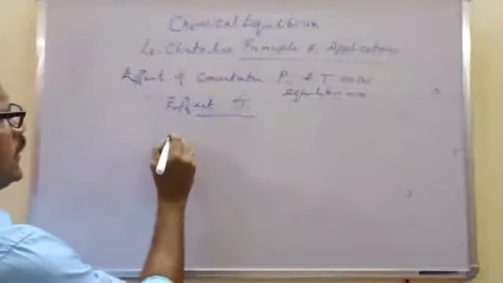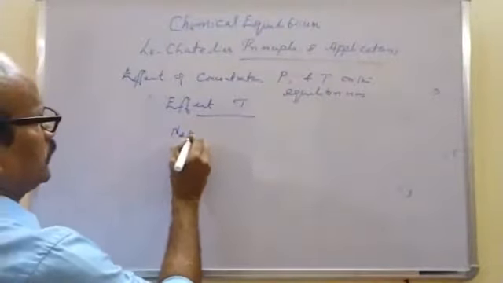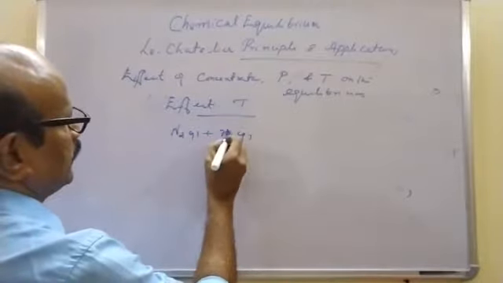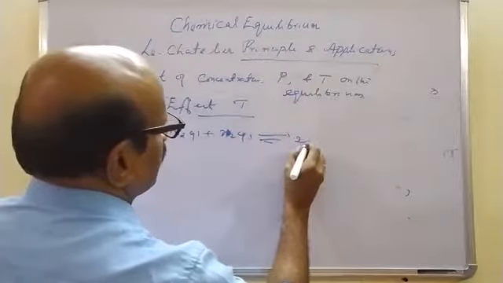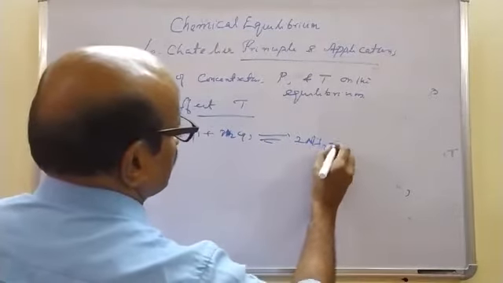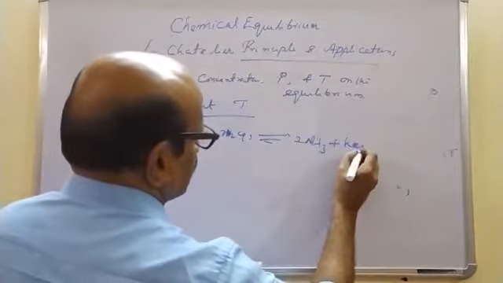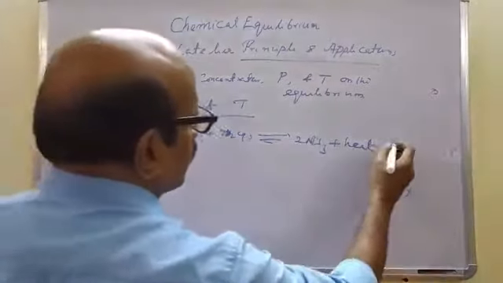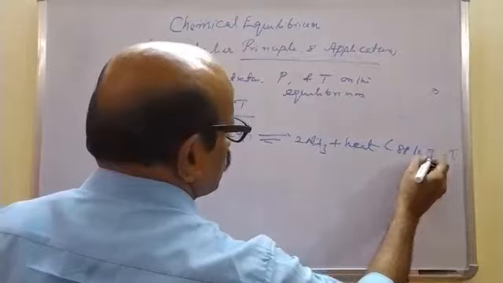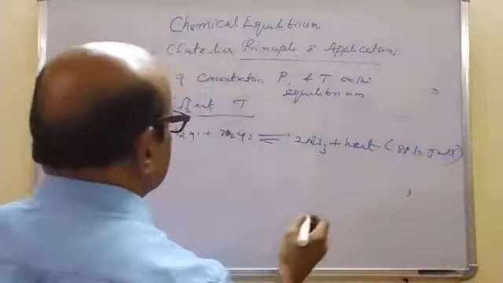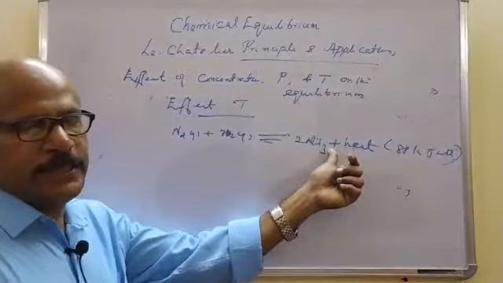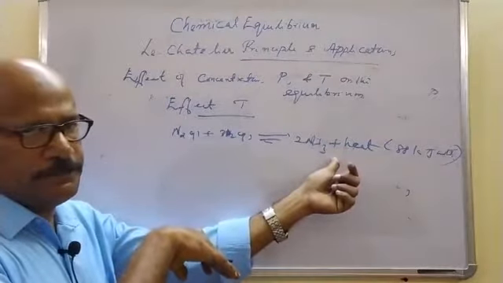യു കൺസിഡർ ദ റിയാക്ഷൻ N2 gas plus 3H2 gas reversibly giving 2NH3 gas plus heat ആണ്. This is the reversible reaction plus heat. ഏകദേശം 88 kilojoules per mole heat liberate ചെയ്യുന്നുണ്ട് ഇവിടെ. So we have to remember the forward reaction is exothermic and hence the backward reaction is endothermic.